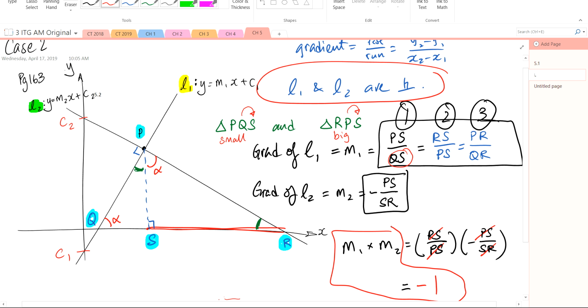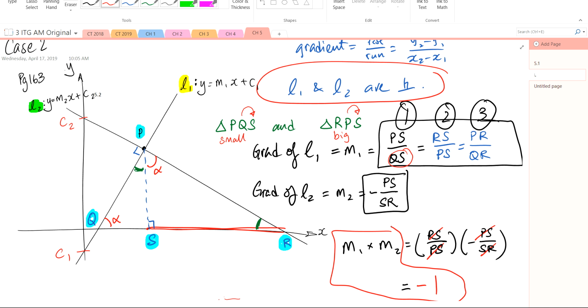Yeah, this is the conclusion. When you have 2 lines that are perpendicular to each other, you multiply their gradients together, you will get a constant. And the constant is negative 1. Always. Did I give you any specific values for the gradient?